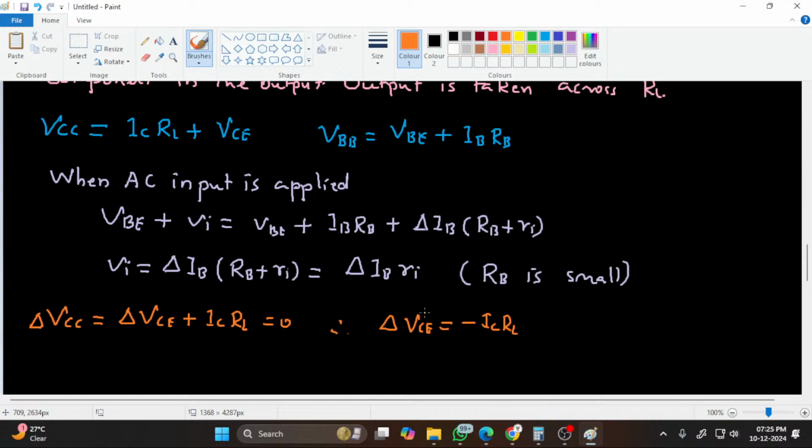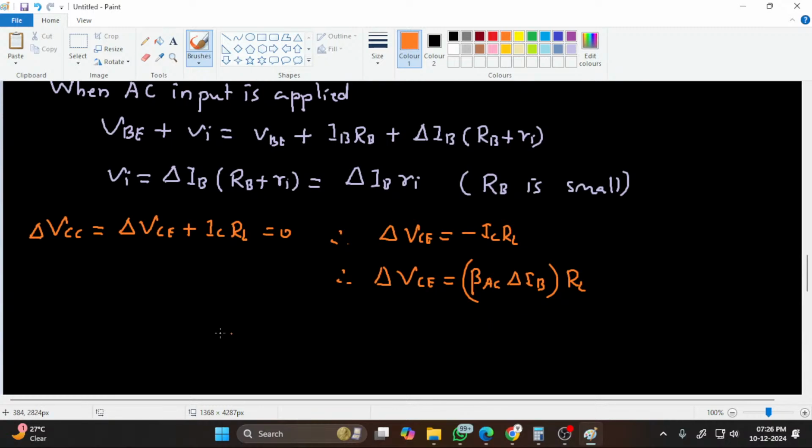The change in output voltage is this delta VCE, and if we consider only the magnitude, we can ignore the sign. IC can be written as beta AC into delta IB, into RL. So voltage gain of transistor is defined as output voltage upon input voltage.